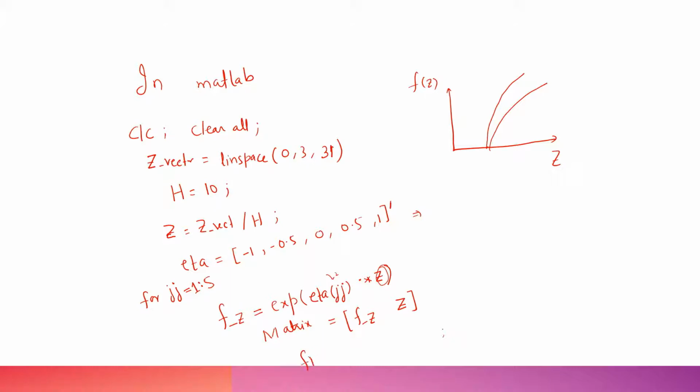So fileID equals fopen, sprintf, where we want it in, suppose, the D drive on the computer.